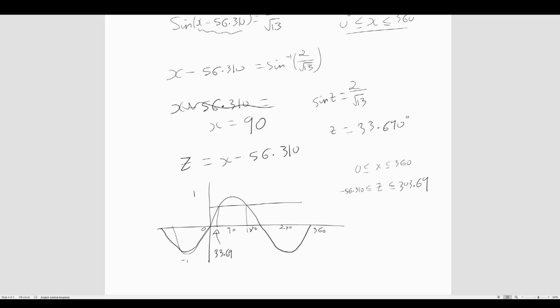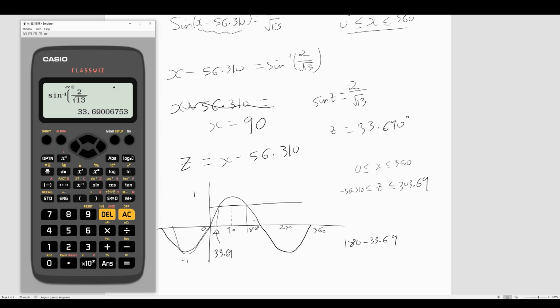So my first z value is 33.69. Now if I look at the symmetry of the graph, actually from 0 is easier. I've gone to the right from 0 by 33.69. So that means I can go left from 180 by the same amount. So I do 180 take away 33.69. To avoid rounding errors, I'm just going to do it exactly.